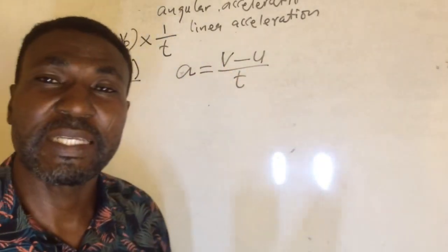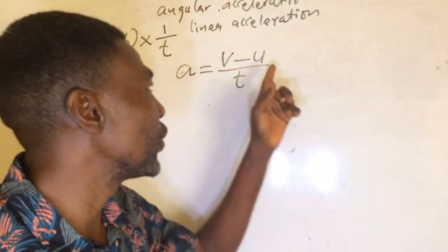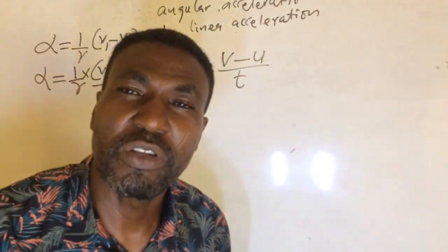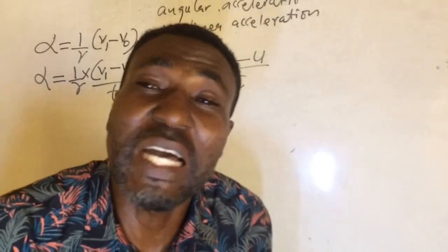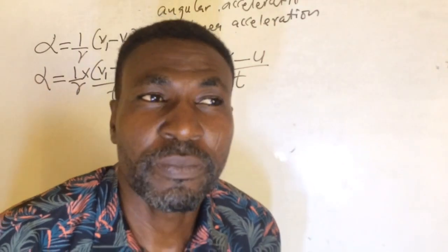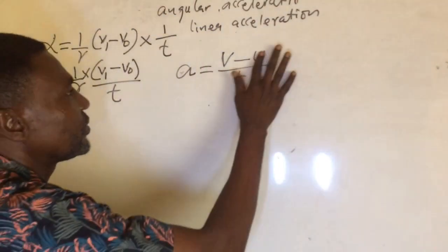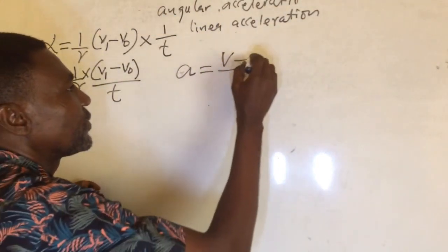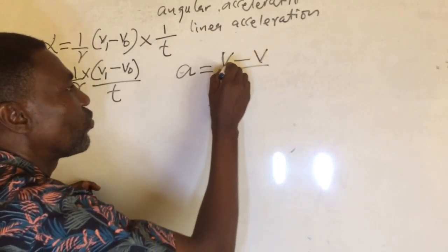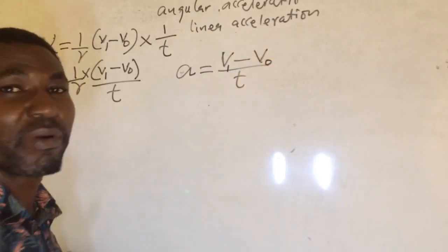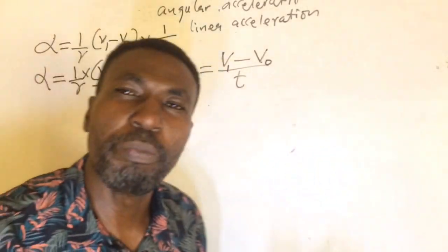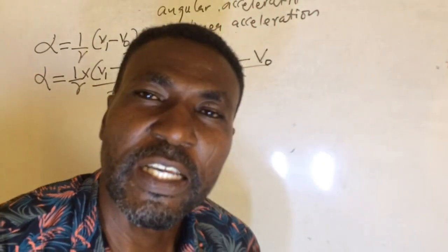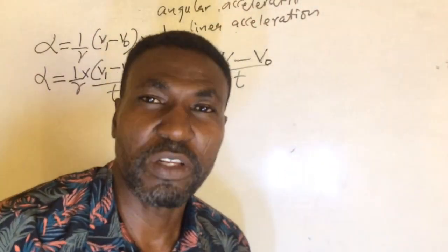V represents our final velocity, U represents our initial velocity. If I like, I can use another letter to represent that, which I can use V again. This one will be V1, this one will be V0, so that V1 will be final velocity and V0 will be initial velocity.